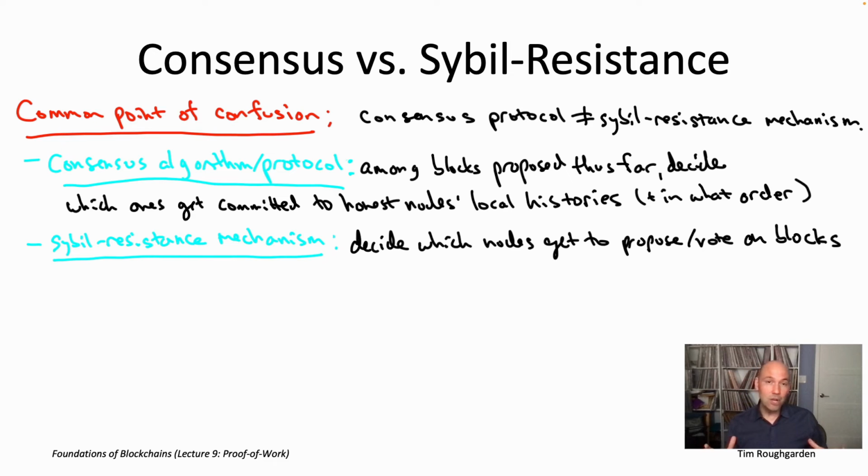Right? We have a known set of nodes, like 100 nodes. We were assuming a global shared clock, so everybody knows what time it is. Rounds had fixed length, so everybody knows what round it is. So if you're in round 117, all the nodes know automatically that node number 17 is the leader of that round. And any block proposal belonging to round 117 better be signed by node number 17, otherwise it's not a valid block proposal.